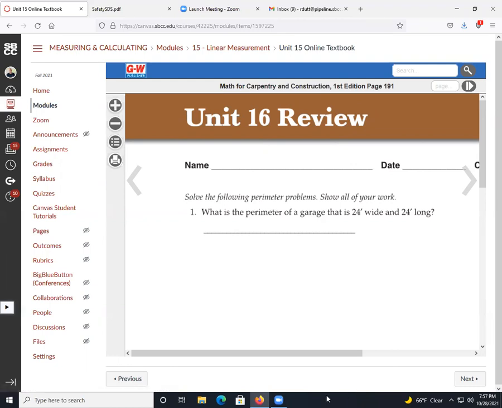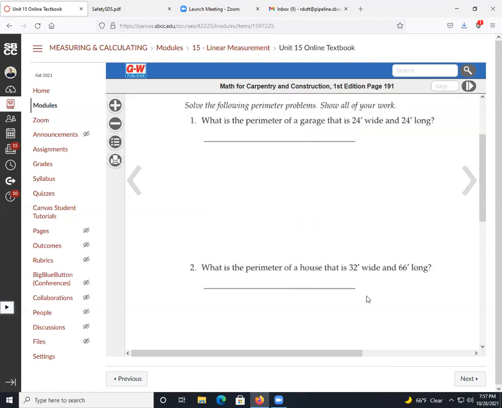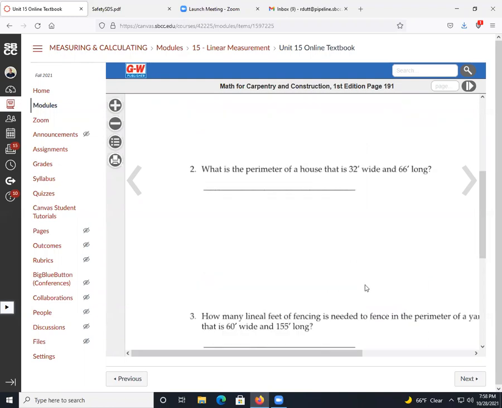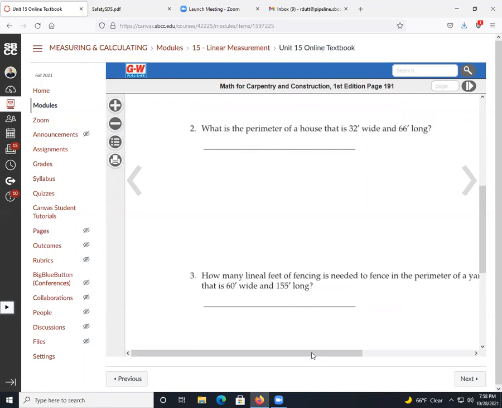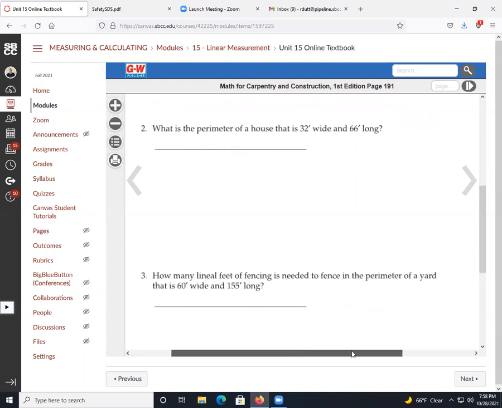Thanks, man. All right. So what's the perimeter of a house that's 32 wide, 66 long? Anybody? Come on. 196. Very good. 66 twice is 132 plus 64. Yeah, 196. How many lineal feet of fencing is needed to fence the perimeter of a yard?